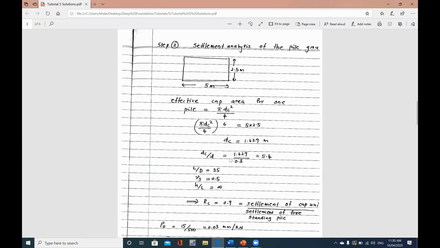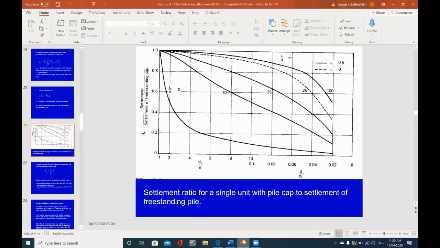Then we need to divide this value by the diameter of each pile, which is 0.3 meter. So we calculate the value of DC over D as 5.4, and then we need to calculate the other values as well to use this chart. So we have got the value of DC over D as 5.4, so it will be somewhere here.